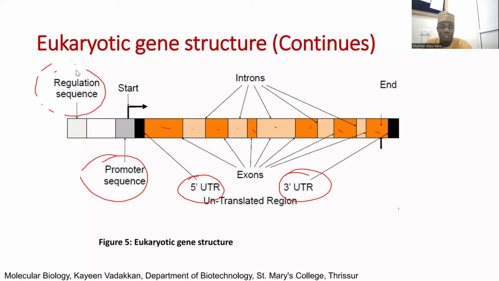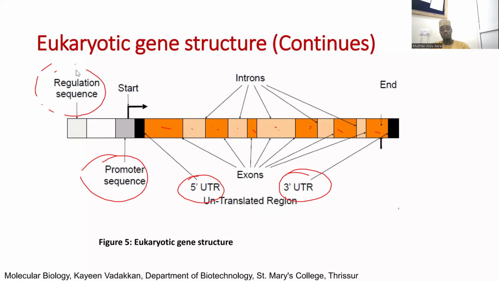Usually these introns need to be spliced out because the gene will be transcribed to produce messenger RNA, which is called the primary transcript or immature messenger RNA. From there, all the introns must be spliced out, must be removed using what you call the spliceosome complex.